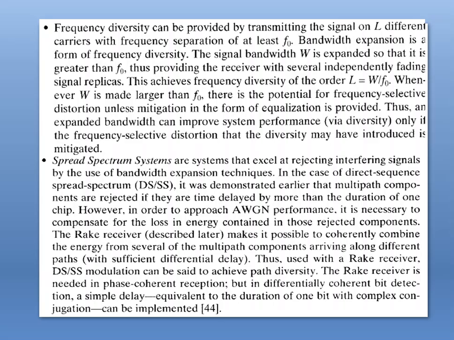However, in order to approach AWGN performance, it is necessary to compensate for the loss in the energy contained in those rejected components. We discussed the rake receiver in the previous video. The rake receiver makes it possible to coherently combine the energy from several multipath components arriving along different paths. Thus, use of the rake receiver in DS spread spectrum modulation can achieve path diversity.